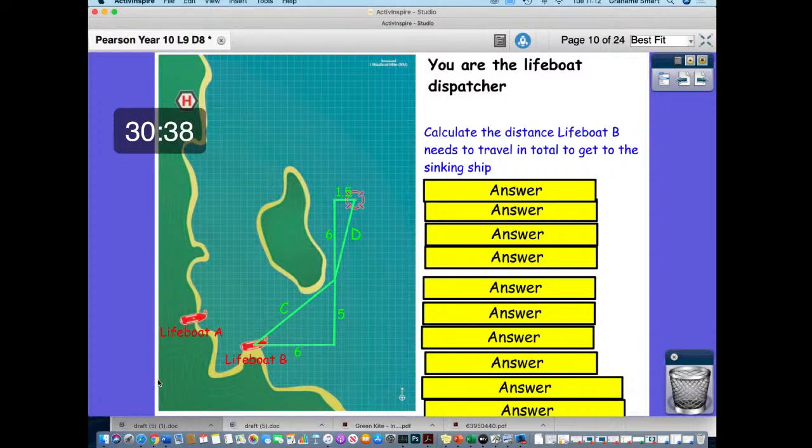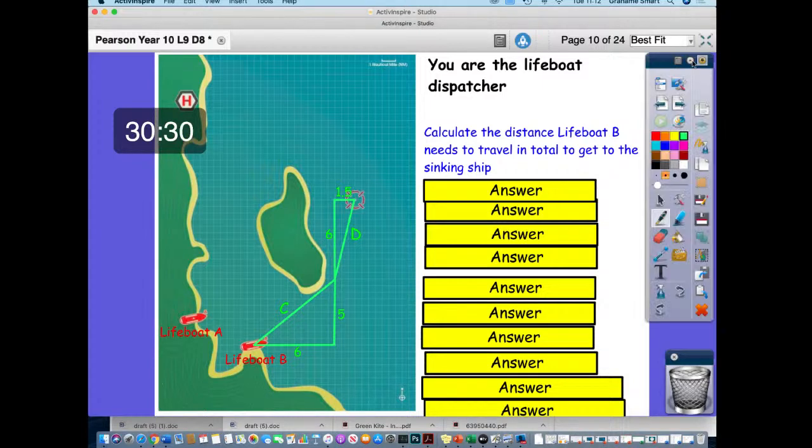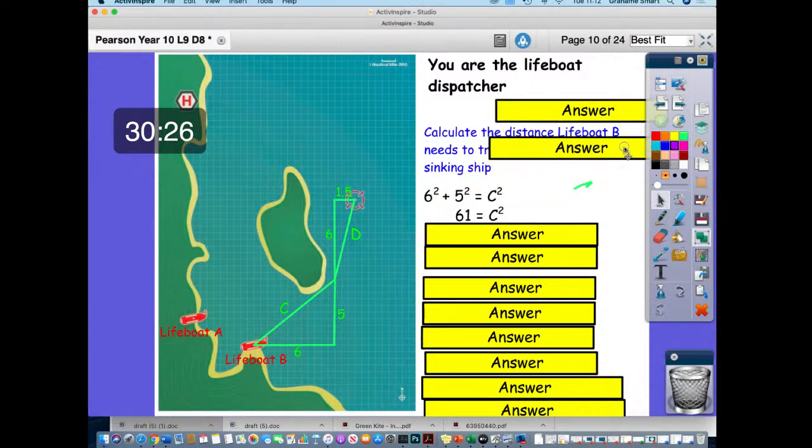Okay, let's start taking a look at what's happening. I've calculated C first, by the way, so you might have done it the other way around. You may have calculated D first, okay? But I've calculated C first, and I've done 6 squared add 5 squared equals C squared. So 6 squared is 36, 5 squared is 25, 36 add 25 gives me 61.